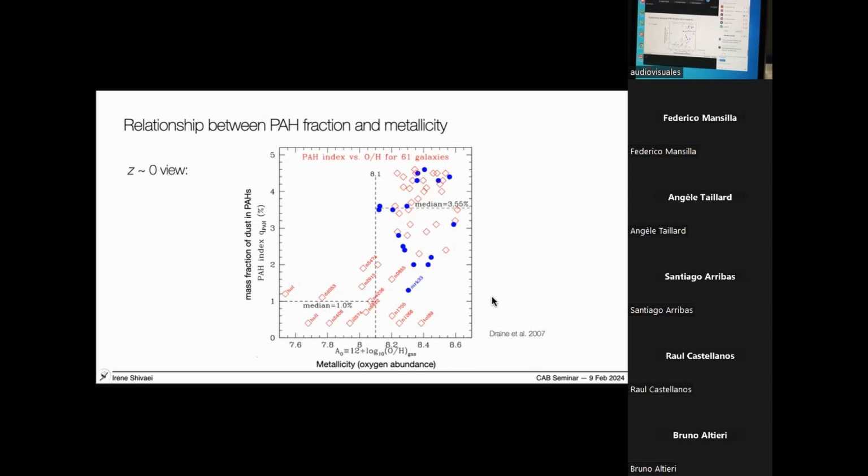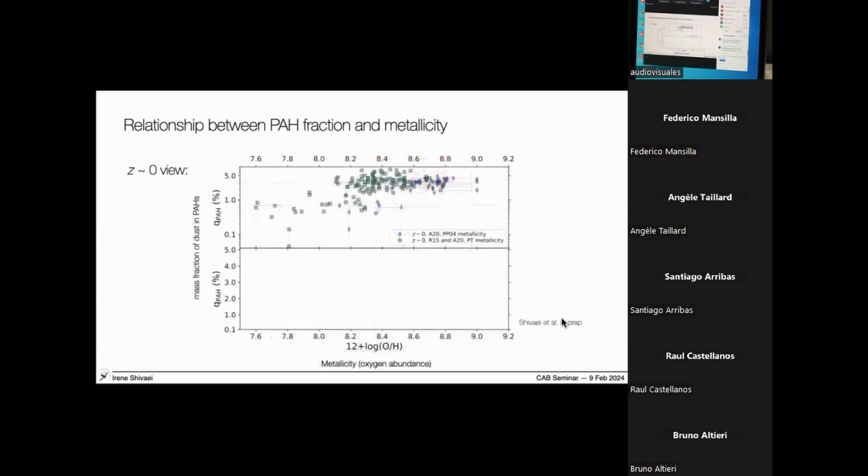So this is one of the typical reference redshift 0 studies that I'm showing here, that PAH mass fraction as a function of metallicity has a very strong correlation, such that at low metallicities, we have very low PAH fractions, but then it suddenly gets to an almost constant value at higher metallicities. We couldn't study this at higher redshifts. So with MIRI, this is the first time we are looking at it.